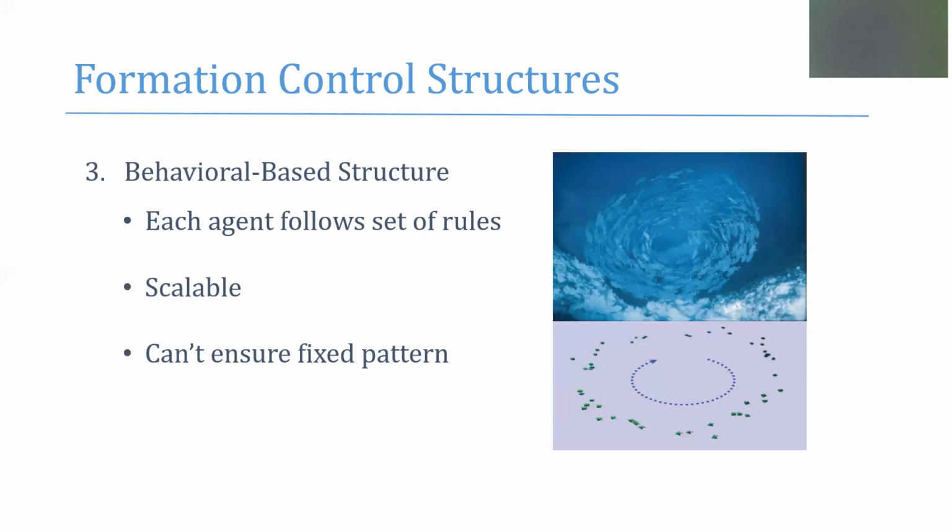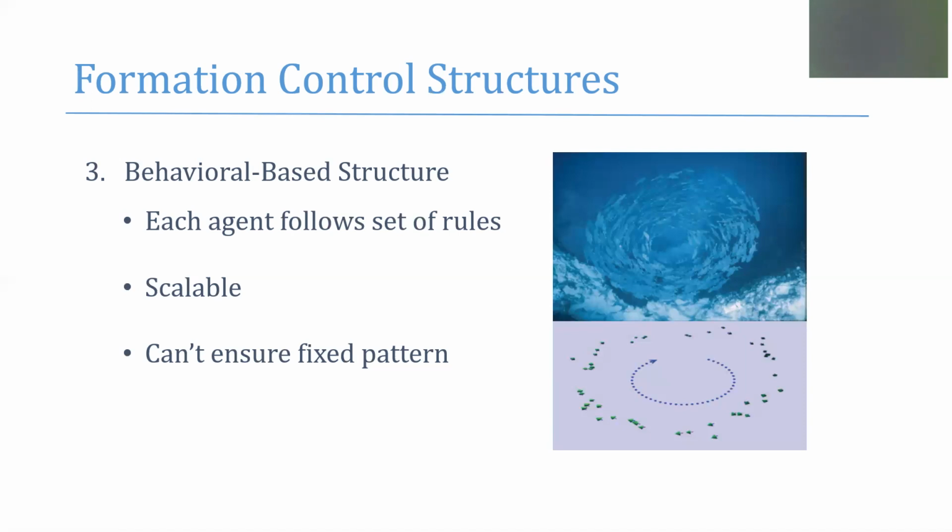On the other hand, if we want to consider the disadvantages of such a structure, there is its unpredictability that can occur in averaging the weighted behaviors. Also, one of the main disadvantages is that we can't ensure a fixed geometrical pattern of the formation, since it is hard to guarantee that the formation has converged to the desired configuration.